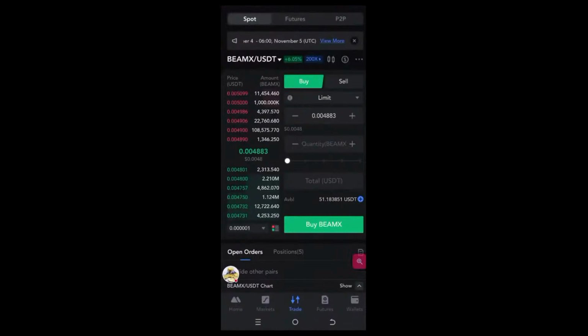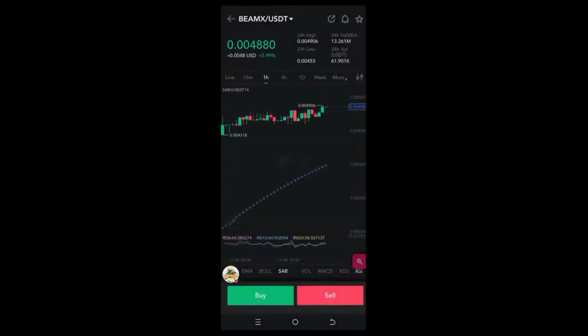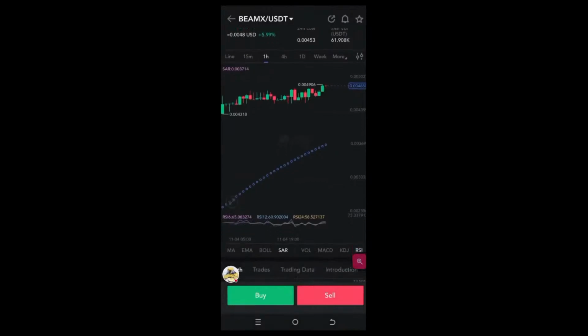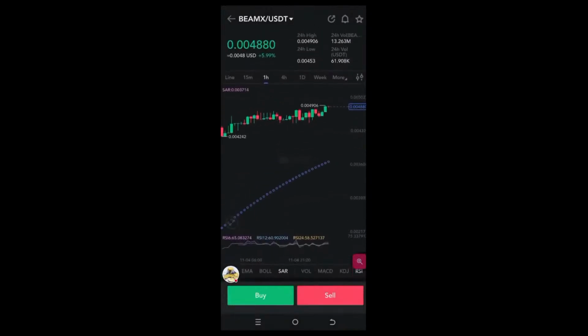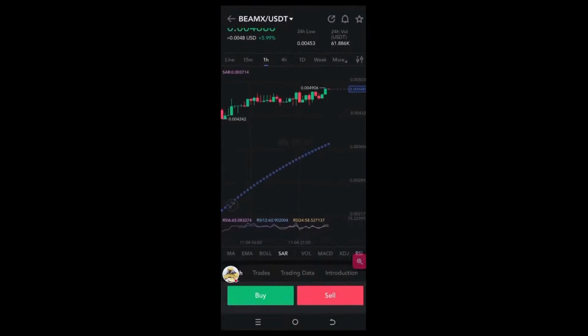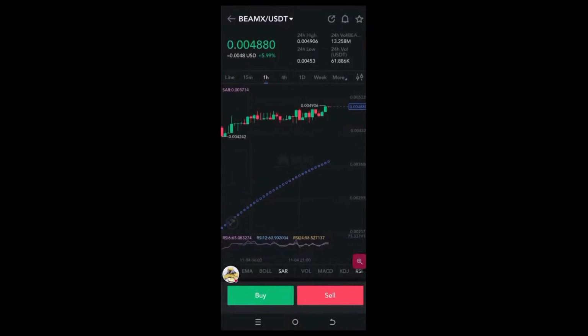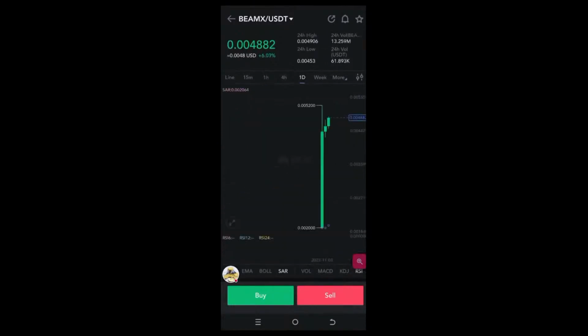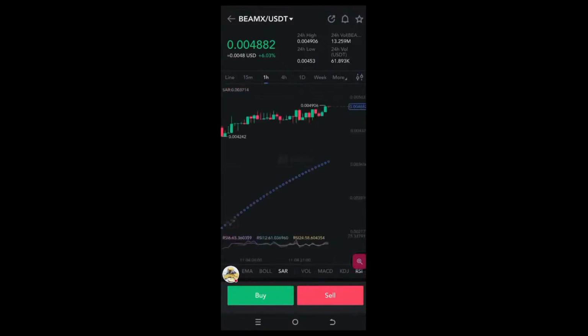Beautiful, right? Let's check the charts and see what is going on there currently. Oh my God, it's still on the upward. I mean, this is a new coin, right? Let me put it on 1 day. This is the third day of its existence, and it's going up. That's beautiful, really good. Now, not all new coins will rise like this and keep on rising.